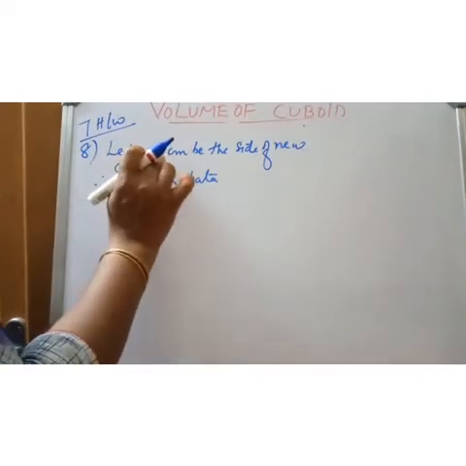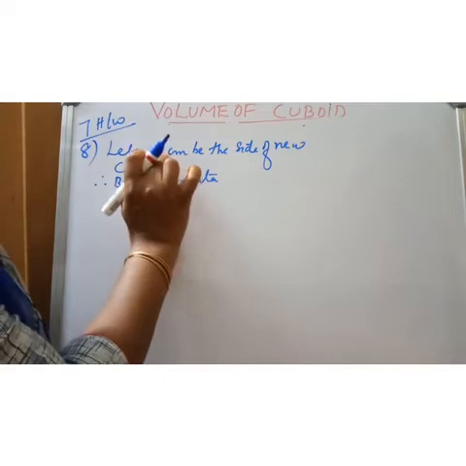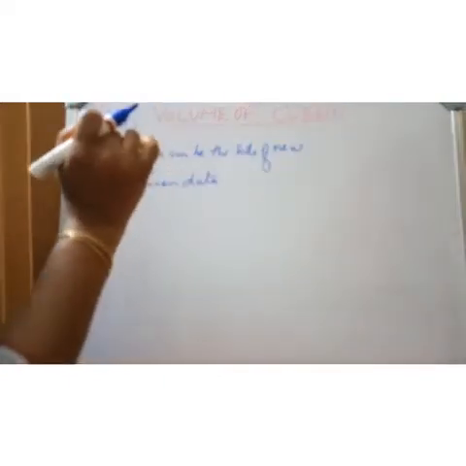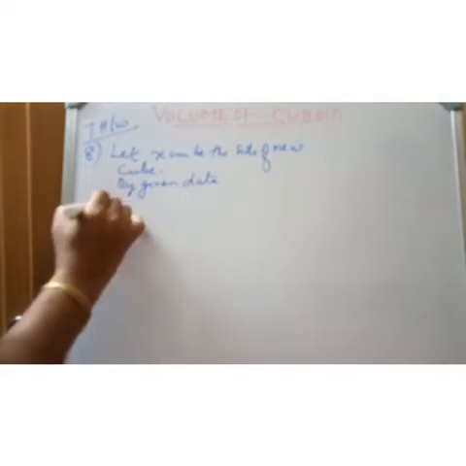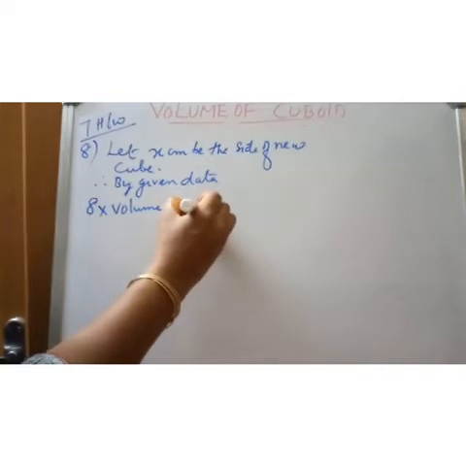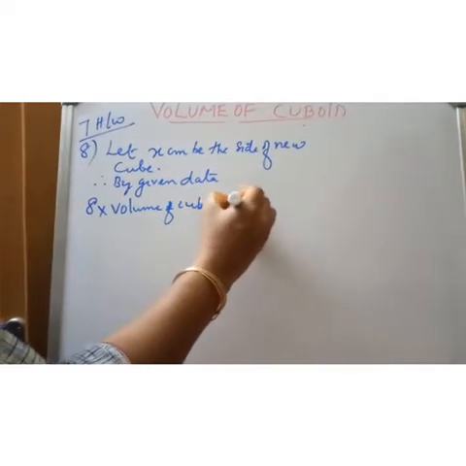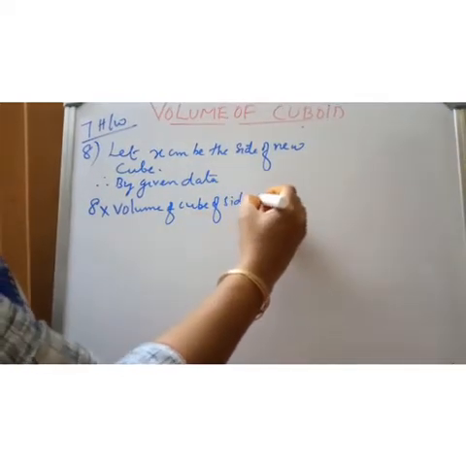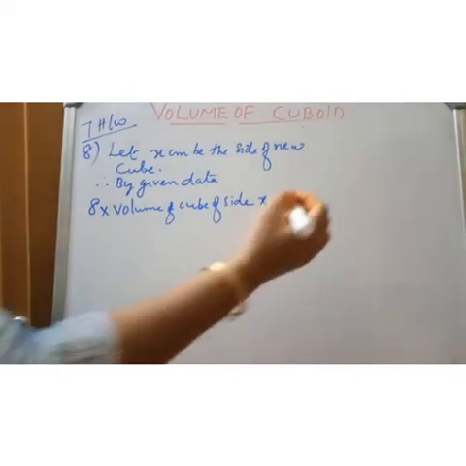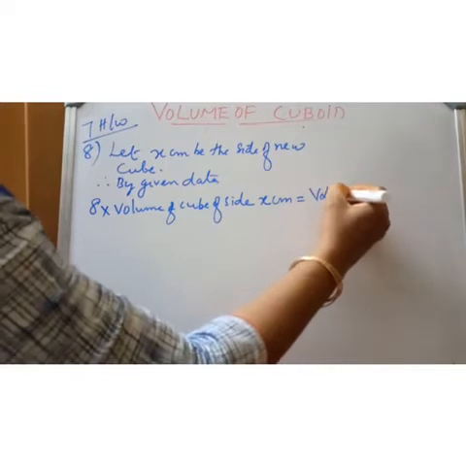Volume of 8 cubes of side x, that is equal to volume of the big cube of side 12, isn't it? So, 8 into volume of cube of side x centimeter equal to volume of cube of side 12.